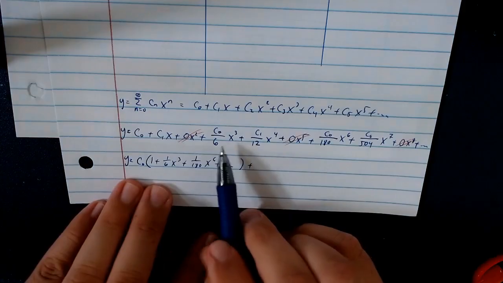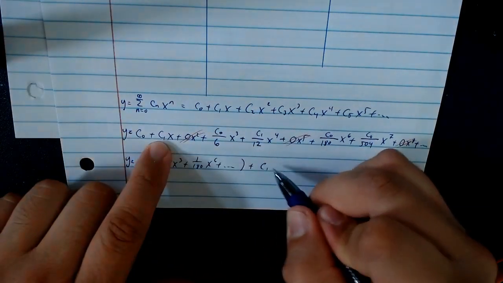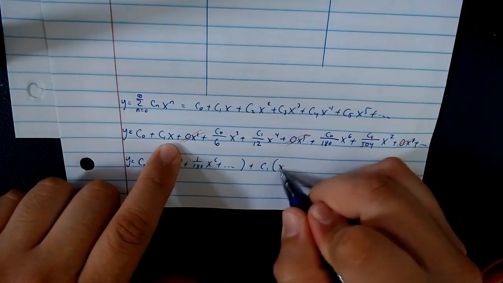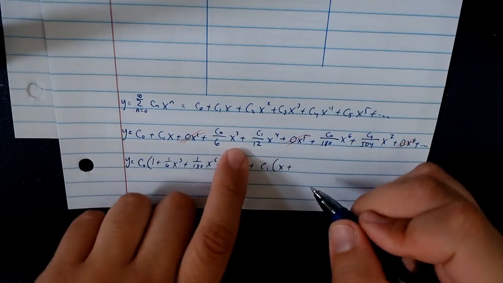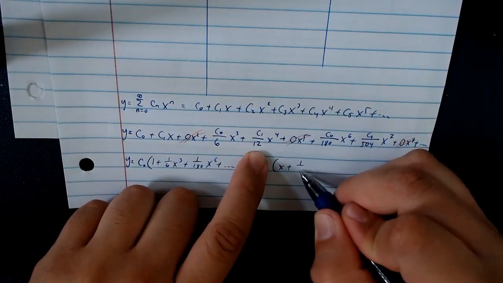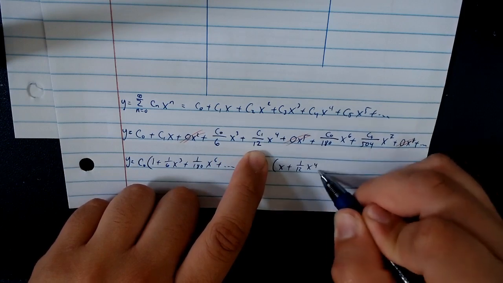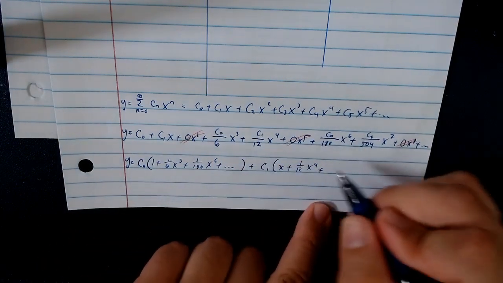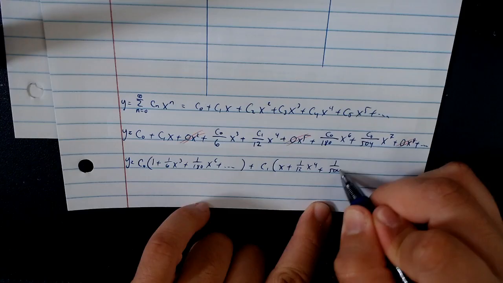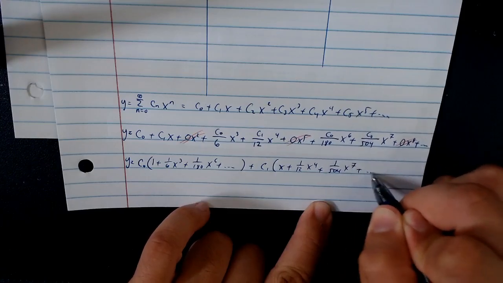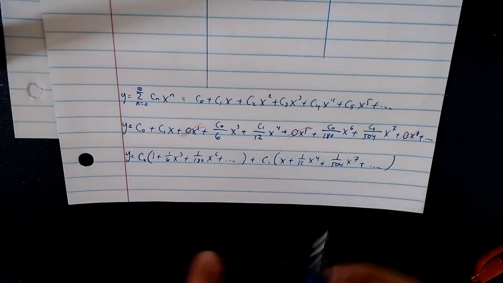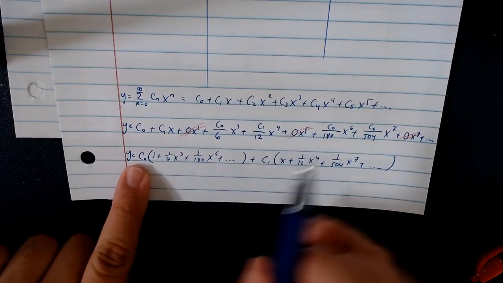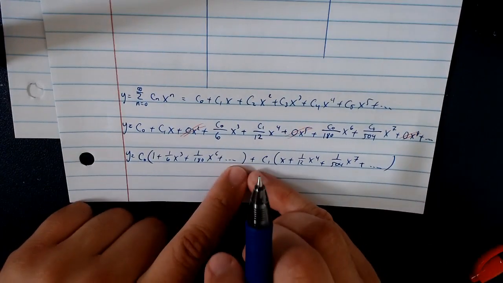And then let's take all the ones that have a C1 in common and factor out the C1 and group those together, giving me x plus 1/12 x to the fourth plus 1 over 504 x to the 7th plus dot, dot, dot. Oh, so I actually have two separate series that have been added together.